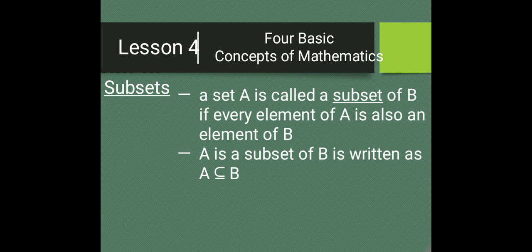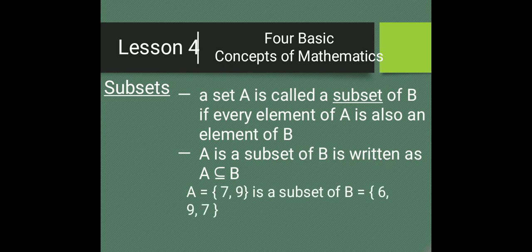Okay, A is a subset of B is written as, ganito, A is a subset of B, ganyan pagbasa niyan. So, yung symbol na between A and B, yan yung symbol for subset. Again, si A ay subset lang kay B kapag lahat ng element ng A ay andun rin sa elements ng B or set B. Okay.